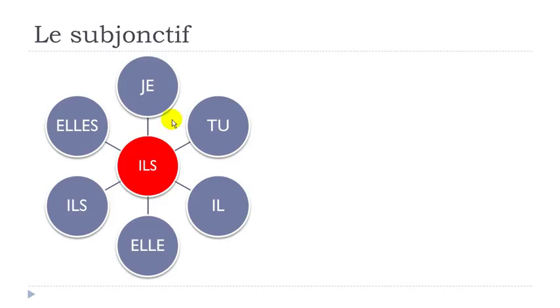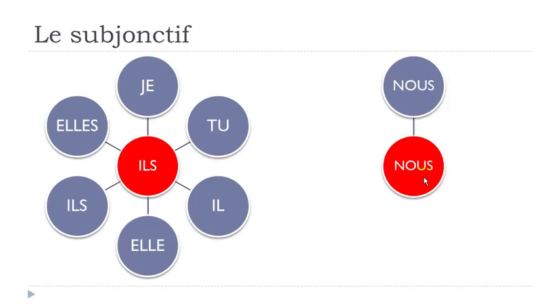Okay, so the form of your verb at the present, at the third person of the plural, will help you to construct the subjunctive form for all these persons here. And that's the difficulty because, of course, for nous and vous, you will have to use the nous form of the present to construct nous and vous. And that's the tricky thing of the subjunctive.